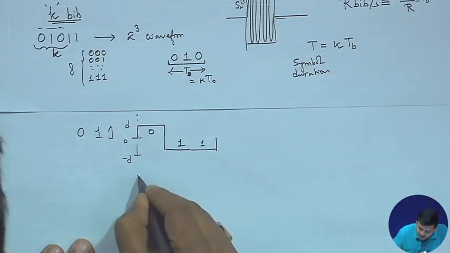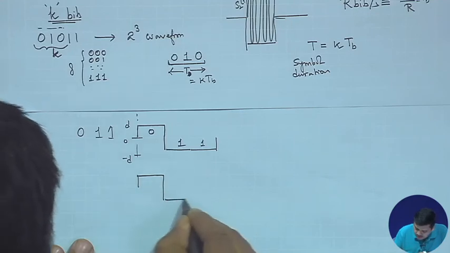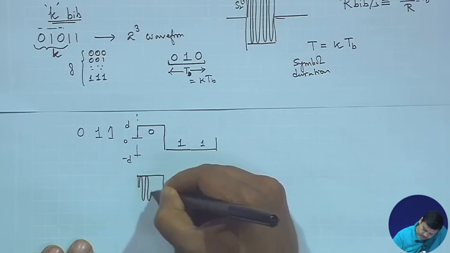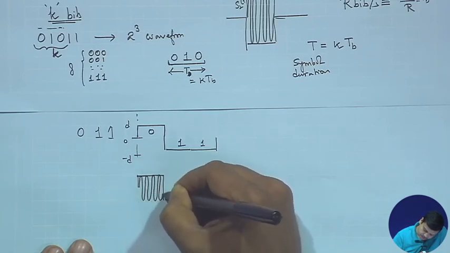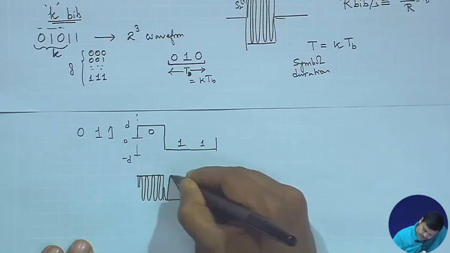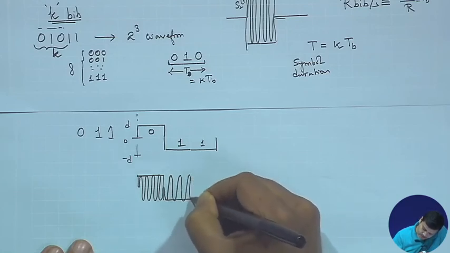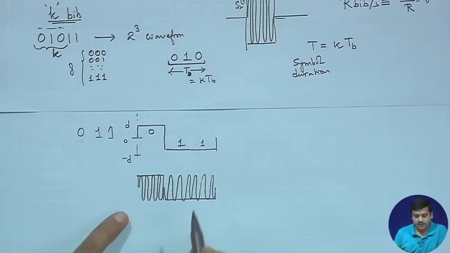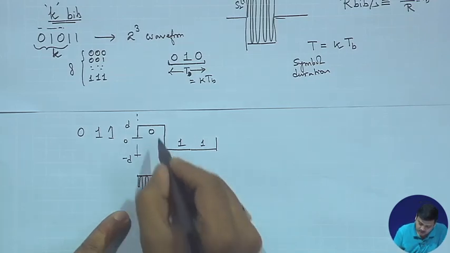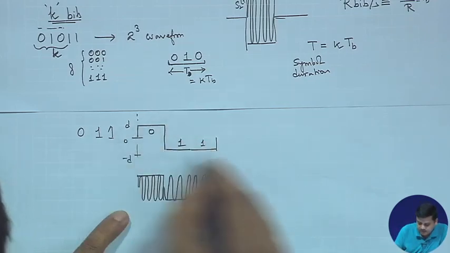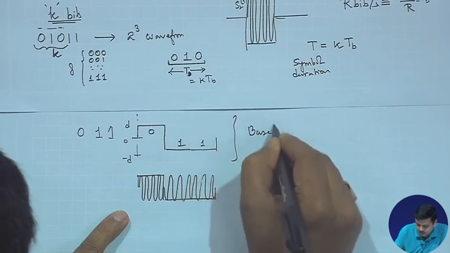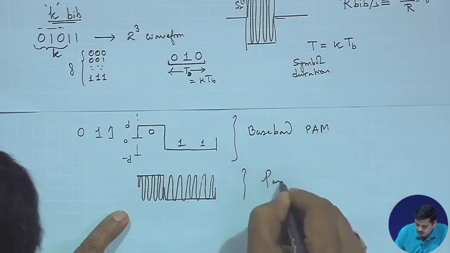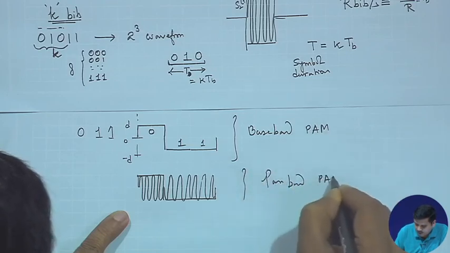Now, if I have a carrier, my things will not look much different, except that there is a carrier, and then there is a phase reversal. However, here there is continuity of phase because we are not changing. So, in the case of baseband, you would typically call this baseband pulse amplitude modulation, and this would be the passband pulse amplitude modulation.